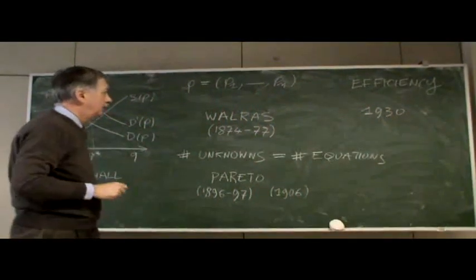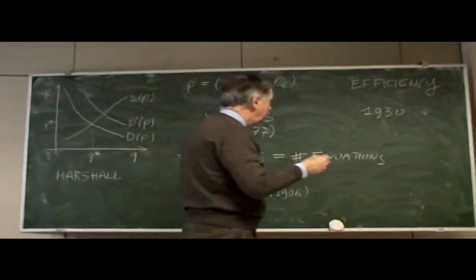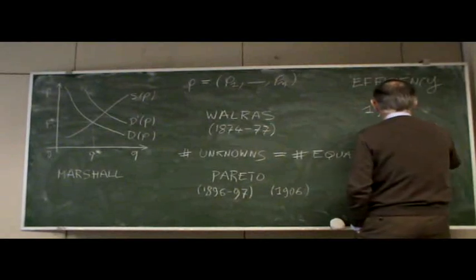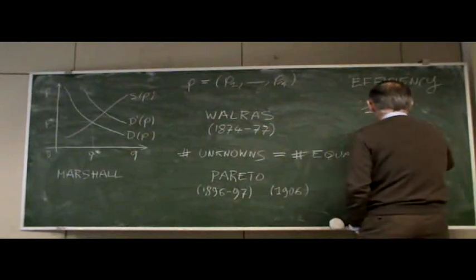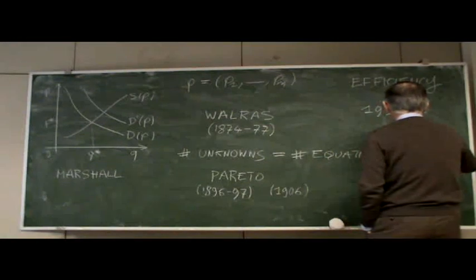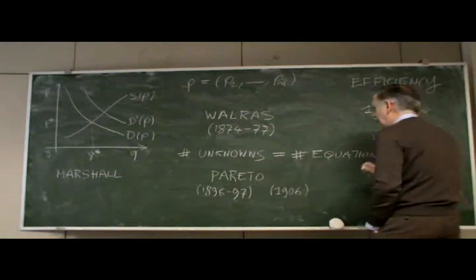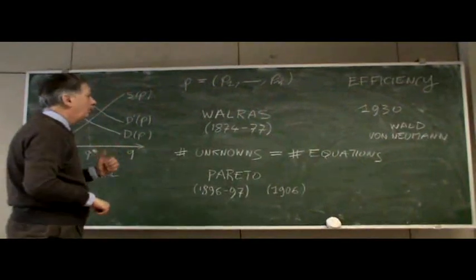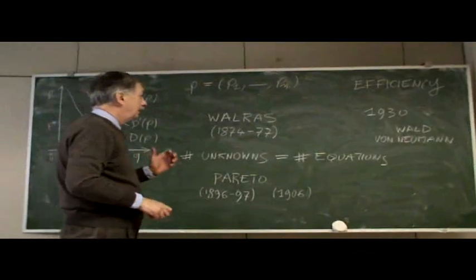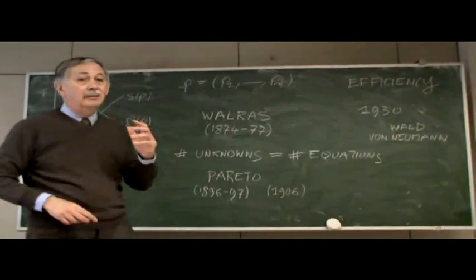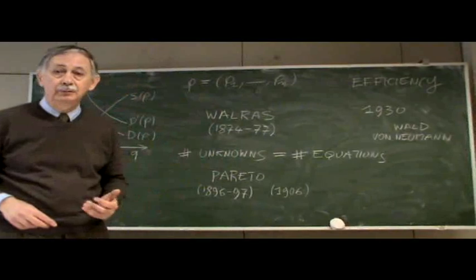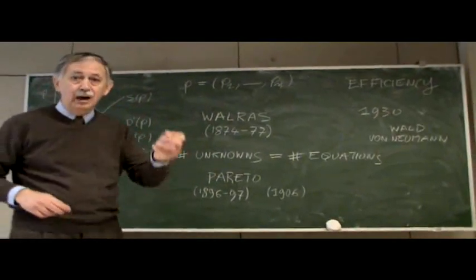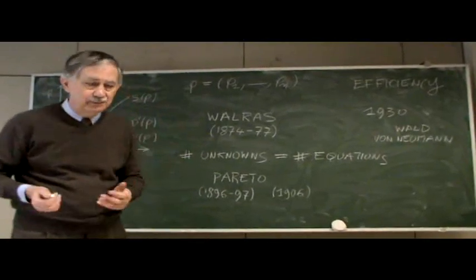About this time, two eminent mathematicians, Wald and von Neumann, reconsidered the problem of general economic equilibrium and gave an elementary proof of the existence of equilibrium by introducing suitable hypotheses about demand and supply of goods.